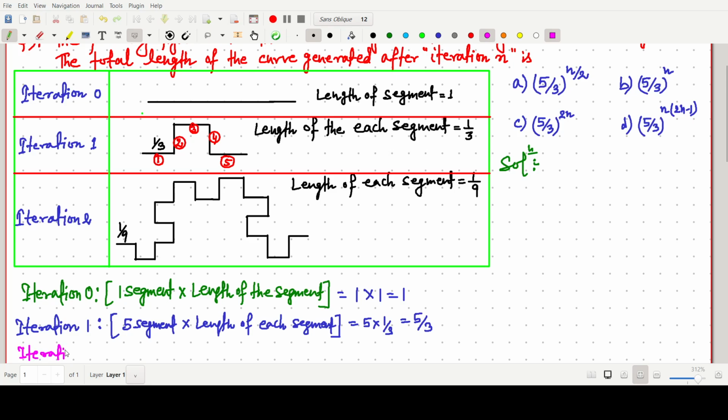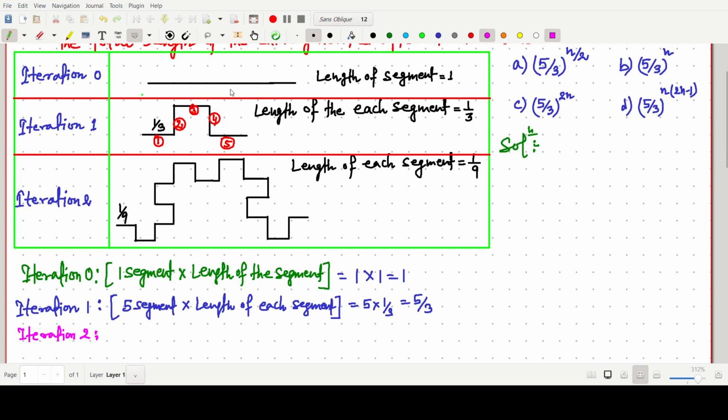For iteration 2, we first have to find the total number of segments. I am saying this one is segment number one, two, three, four, five, six, seven, eight, nine, ten, eleven, twelve, thirteen, fourteen, fifteen, sixteen, seventeen, eighteen, nineteen, twenty, twenty-one, twenty-two, twenty-three, twenty-four, twenty-five. The total number of segments is 25.